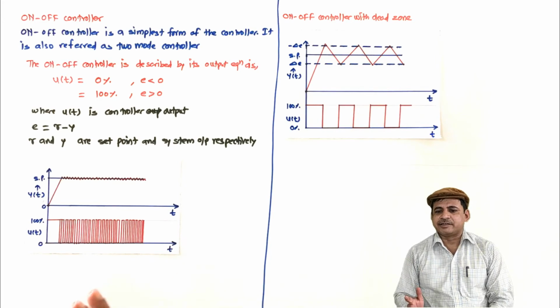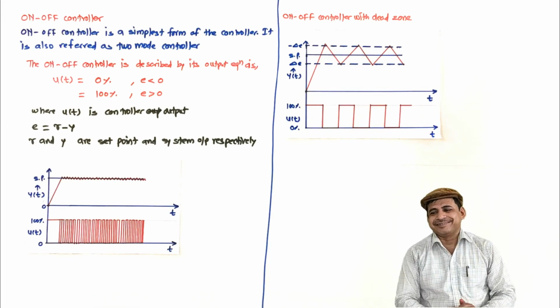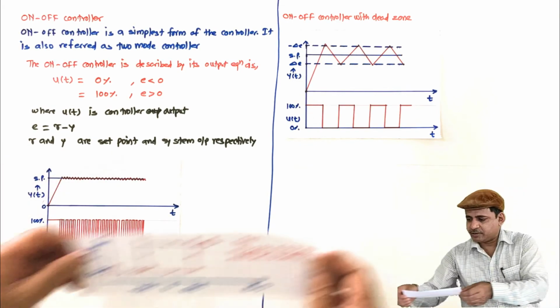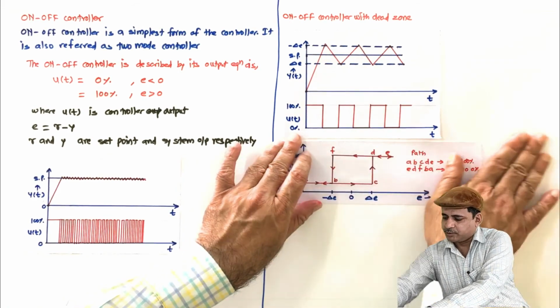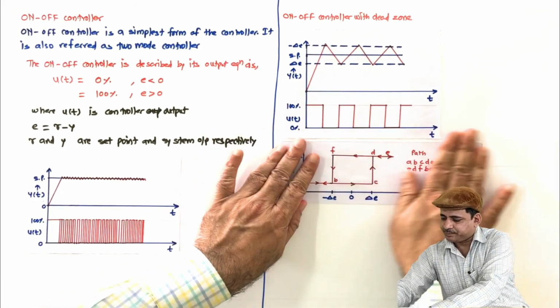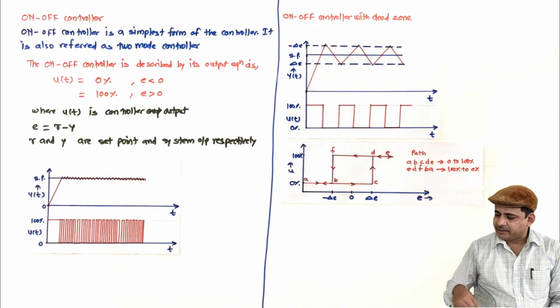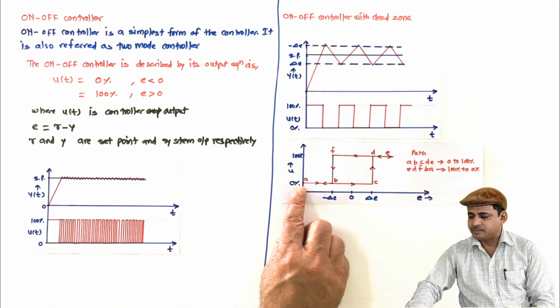Its characteristic is like a Schmitt trigger, and it has hysteresis. The hysteresis band is as shown here. Initially the output is 0, correct?